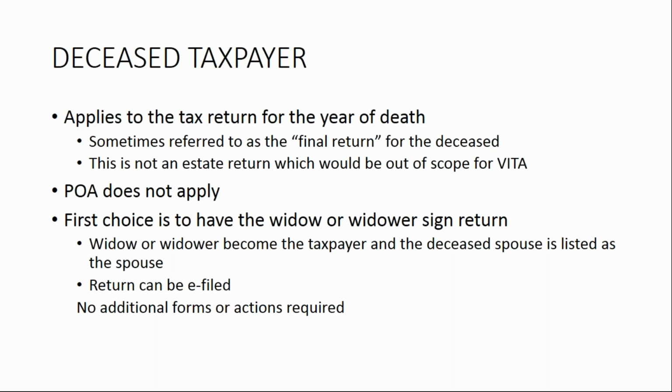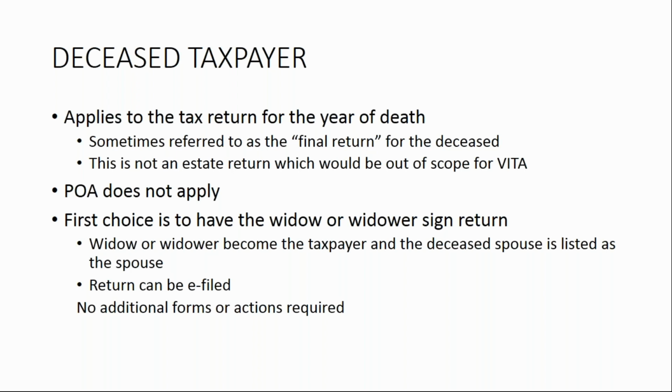So the spouse is coming in for the first time as a widow, and she's asking you to prepare a tax return. I would strongly recommend that you call the tax return forward from last year, if at all possible, and then flip the widow to become the taxpayer and make the deceased husband the spouse on the tax return. It is much easier, particularly if you're doing a PA 1000.